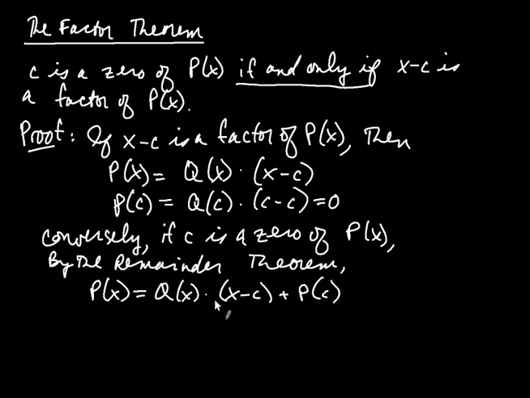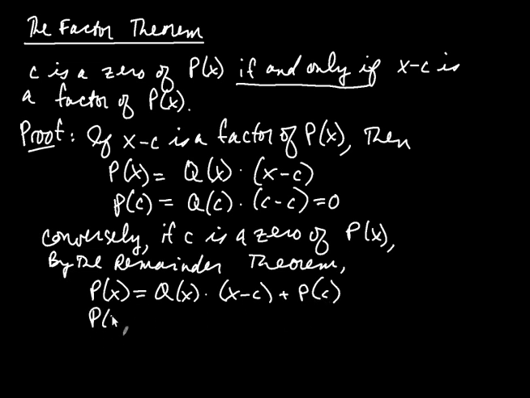So notice that the remainder theorem says that when you divide by x minus c, when this is your divisor, the remainder is p of c. And so by hypothesis, if c is a 0 of p of x, that implies p of c is 0.